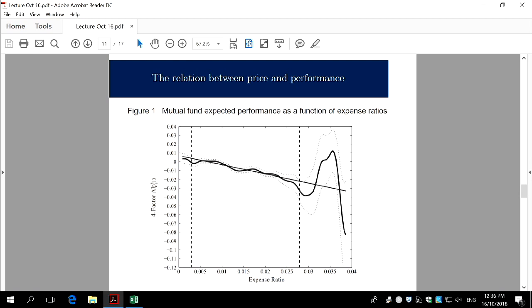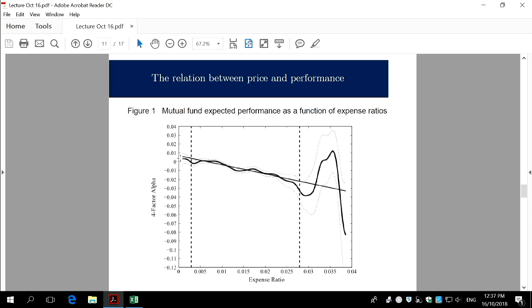In this paper, they use 4-factor alpha. Remember, every time we talk about alpha, we need to specify whether this is 1-factor alpha, 3-factor alpha, or 4-factor alpha, and so on. In this paper, they use 4-factor alpha, which is the Fama-French 3-factor plus the momentum factor. So alpha means performance, and expense ratio means the cost or the fee.